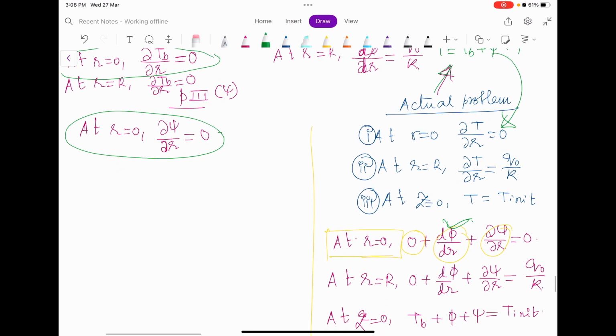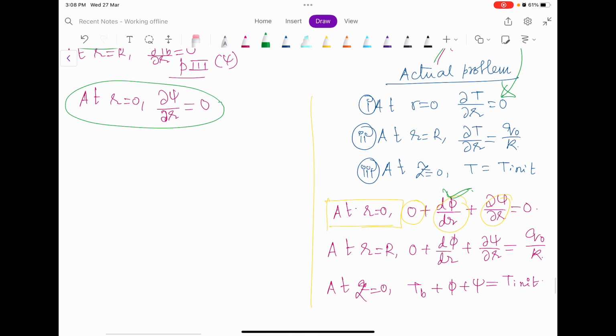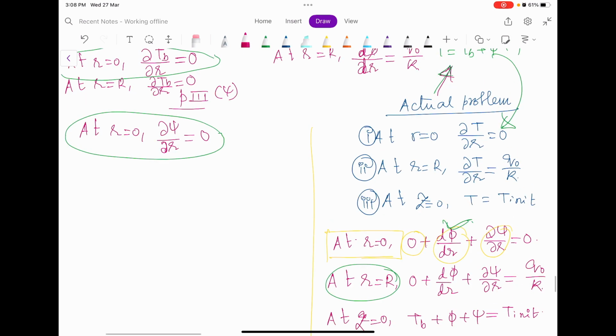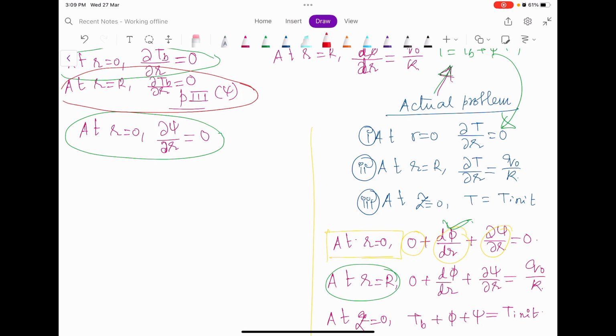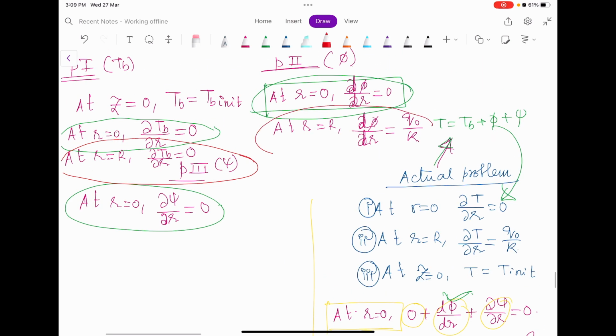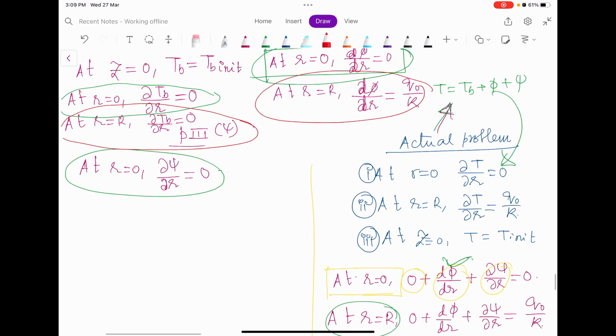Now let us see for r equal to capital R. At r equal to capital R, you will add this thing, you will add this thing, then what remains?